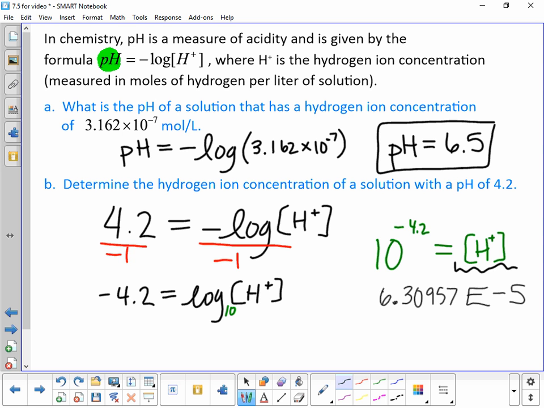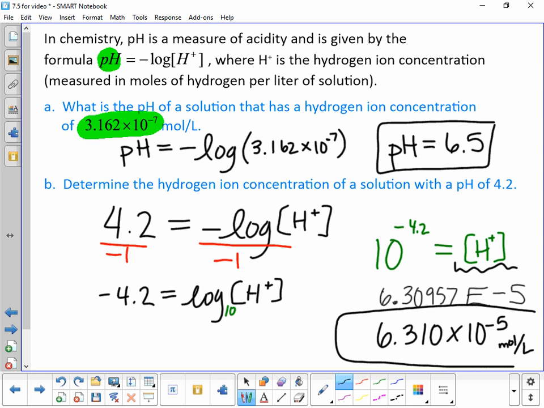So that's giving you your answer in scientific notation, but instead of using times 10 to the power, it uses that capital E symbol. So this would be the same as 6.310 if I round that, times 10 to the -5th, and that would be moles per liter of hydrogen ions.